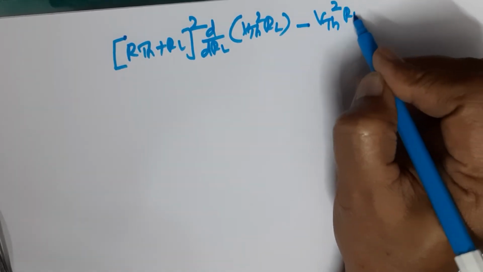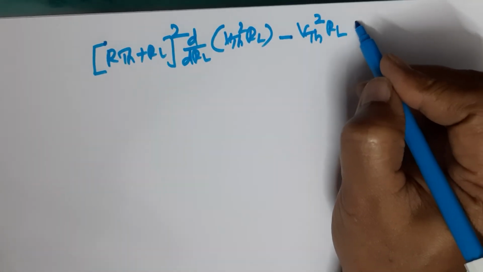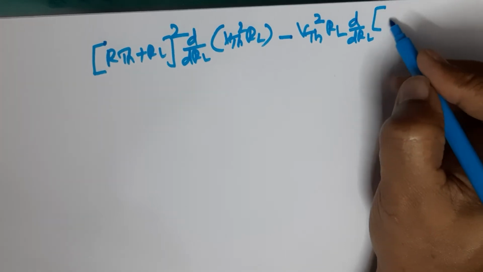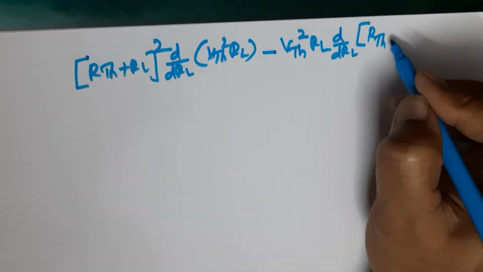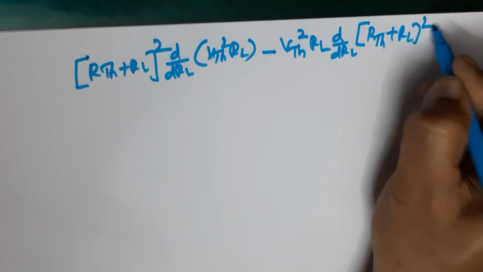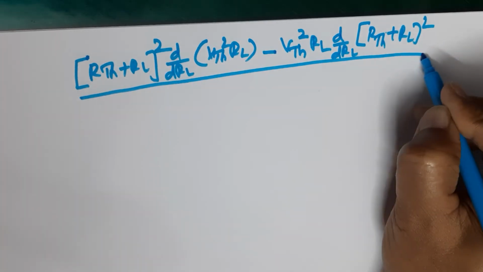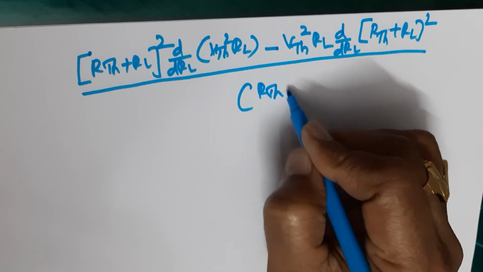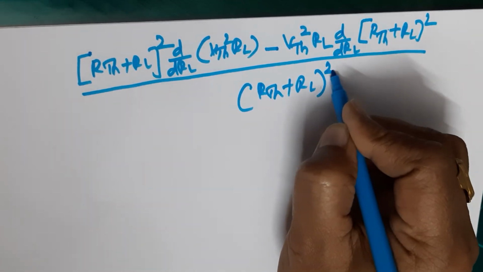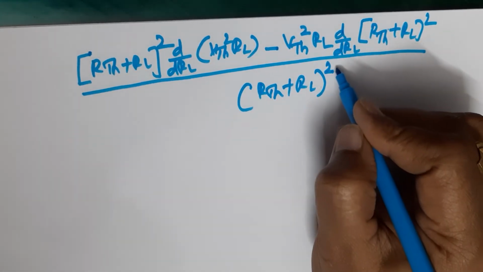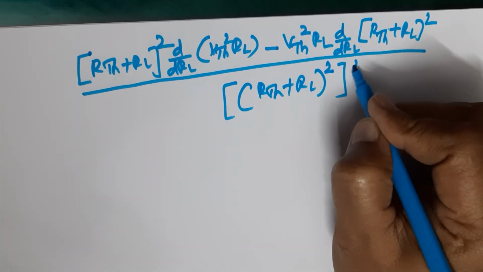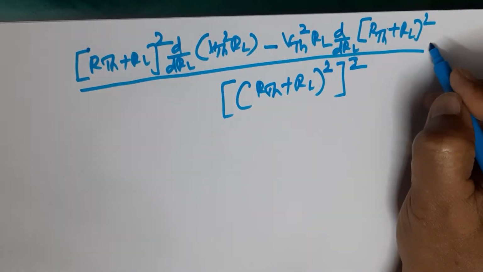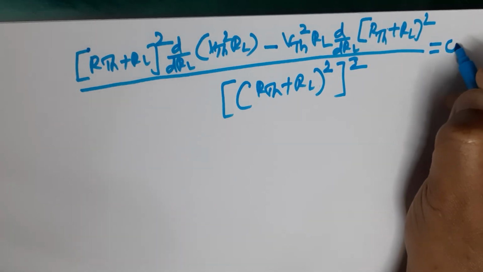VTH square RL. Again, differentiation d by dRL of your V, that is RTH plus RL square, by V square. What is our V square? RTH plus RL square, and whole square. This is your V in our expression. After differentiation, we will equate that to 0.